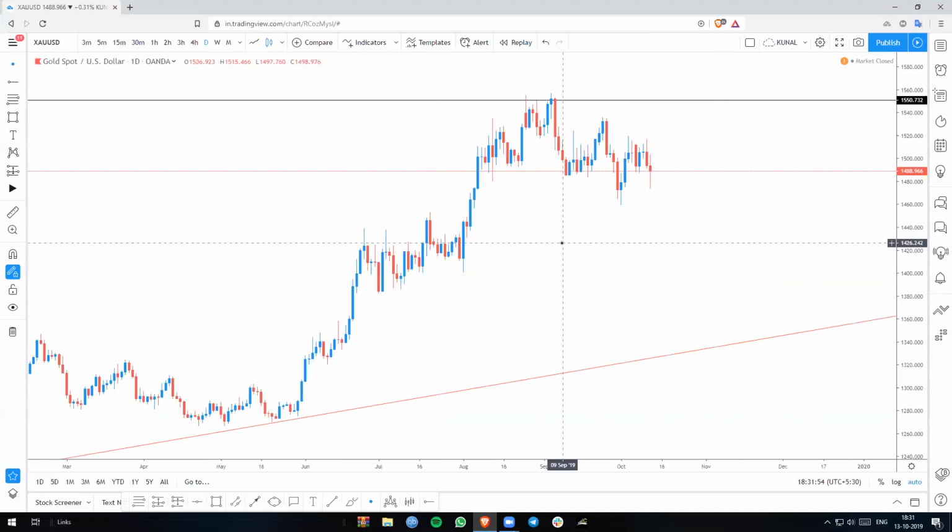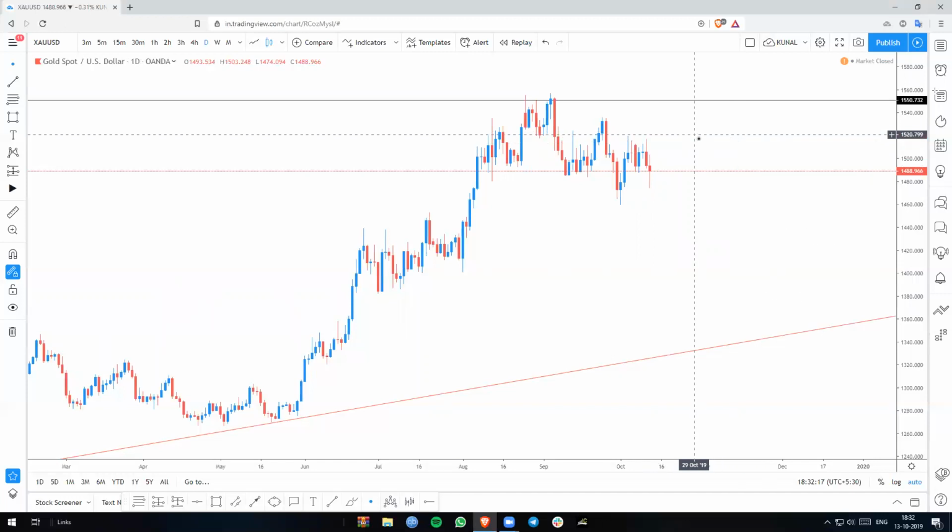So here I am on the daily time frame on gold, and what I see is a typical HNS formation on gold. This was like a fake out to grab some liquidity and then pull price higher before dropping in the original direction.